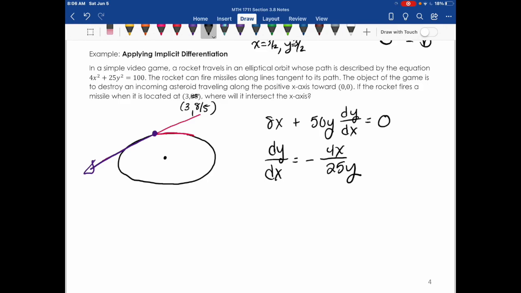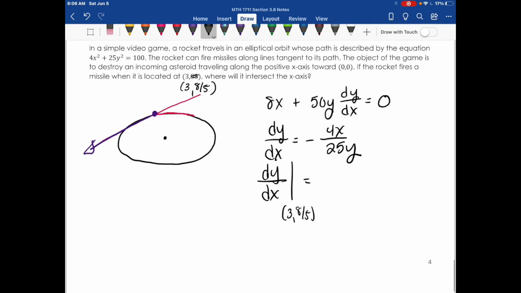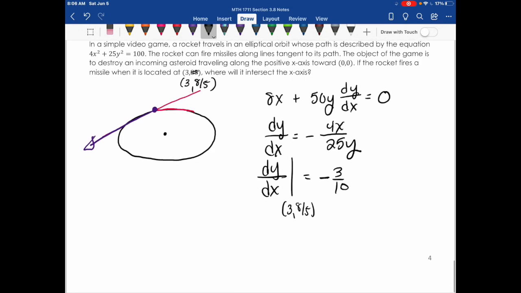So if I want to evaluate this at the point 3, 8/5, that means I'm going to plug in 3 for x and 8/5 for y, and I'm going to get negative 3/10. So that's the slope of the tangent line at the point 3, 8/5.